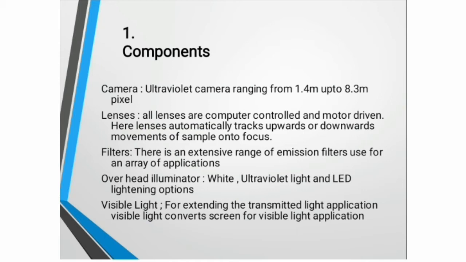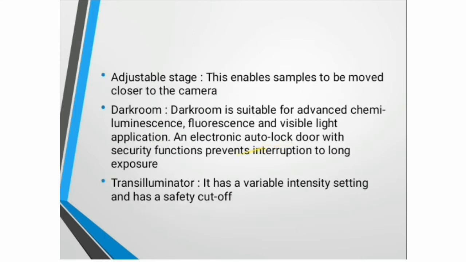Filters. There is an extensive range of filters used for an array of applications. Next, overhead illuminator. White, ultraviolet light and LED lighting options are available. Next, visible light. For extending the transmitted light application, visible light converts the screen for visible light application. Next, adjustable stage.